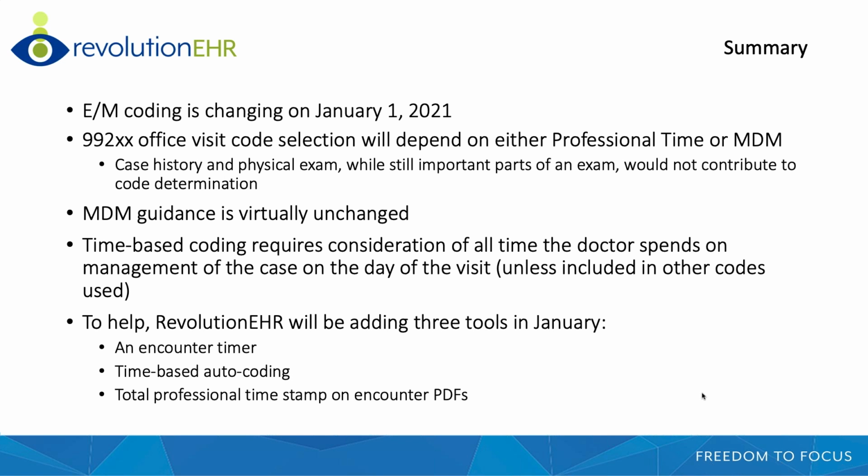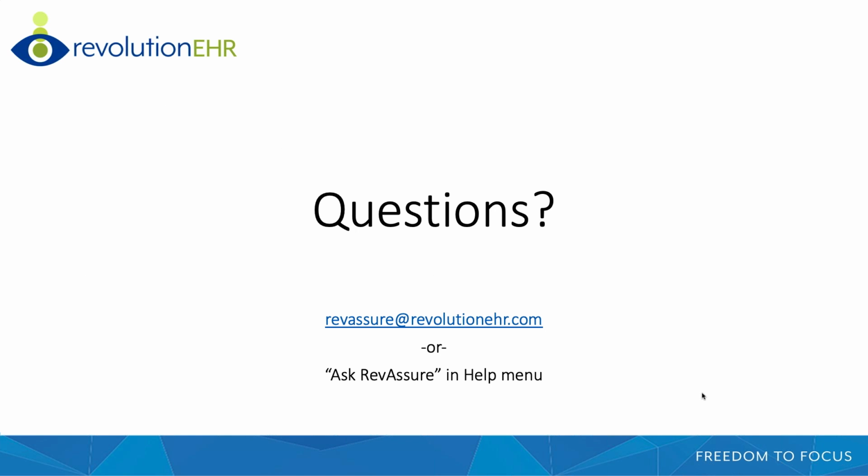Beyond that, get comfortable, if you're not already, with the requirements of those 92,000s, because you are in a very strong position if you understand 92,000s and the MDM and time-based approaches to evaluation and management coding, because then you will understand that you have often many options when it comes to coding an encounter, and you can often make those decisions based on the method that will end up reimbursing you most properly for the time that you're spending. So I hope that was a fair summary of things, and I hope it brought to light some ideas that might be new.